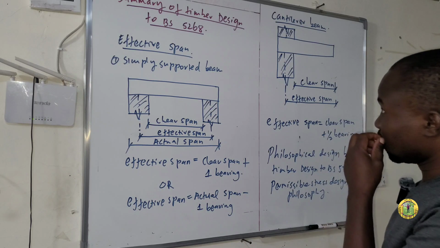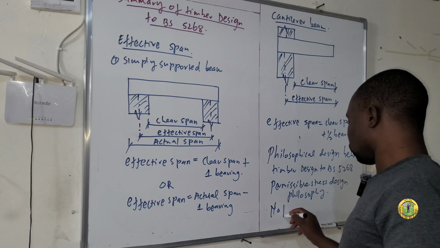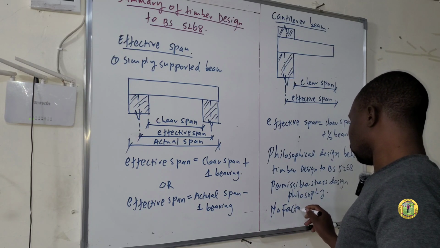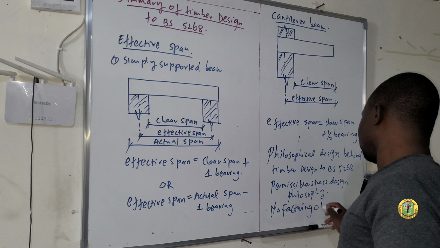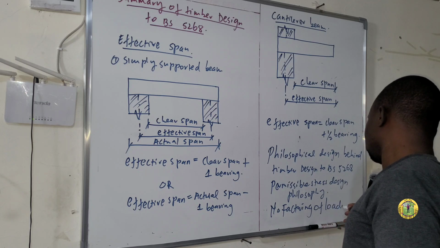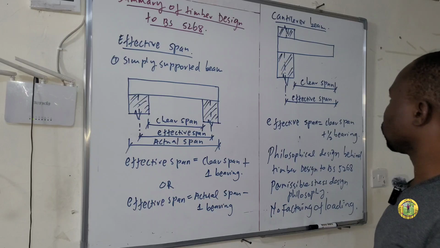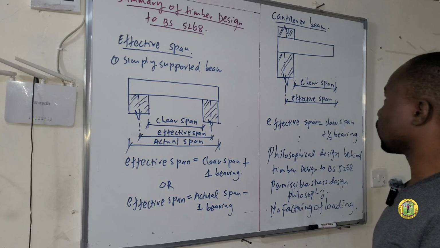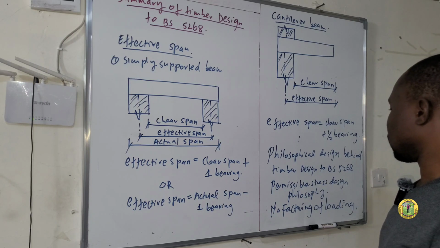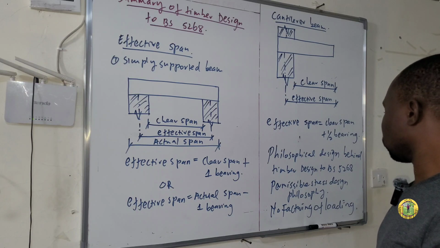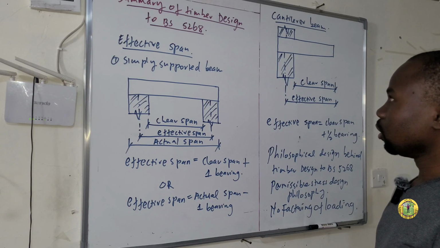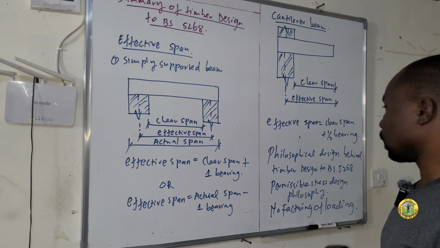In this philosophy, there is no factoring of loading. So if you are designing, for example, a timber joist, and you have been provided with loading that will be applied on that joist, you will not factor those loads.